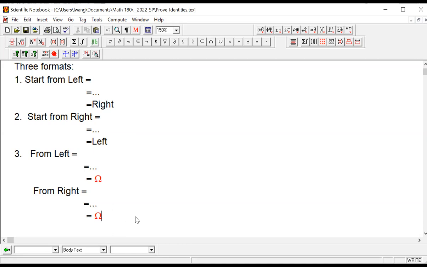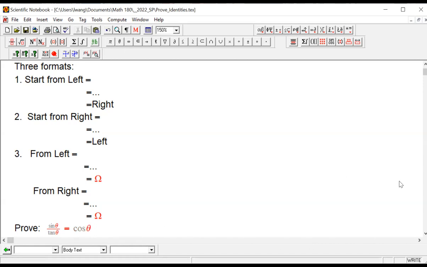In any identity proof, when the identity is given and we are asked to prove it, usually the wording goes like this: prove. I'm going to take the first example in our homework. It asks us to prove that sine theta divided by tangent theta is equal to cosine theta.